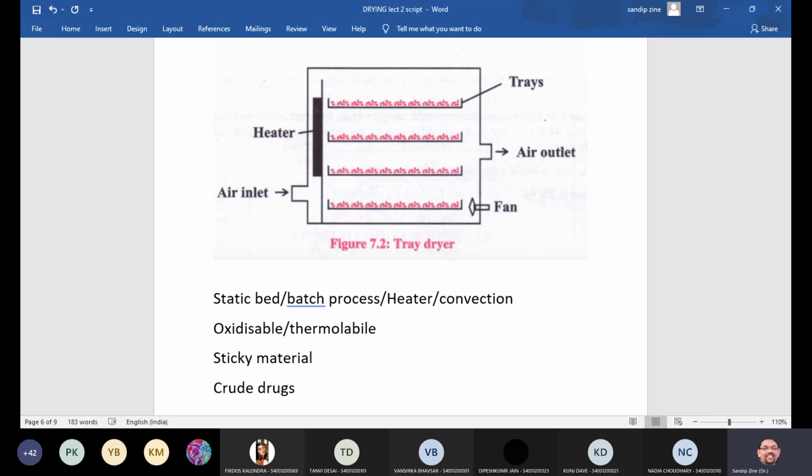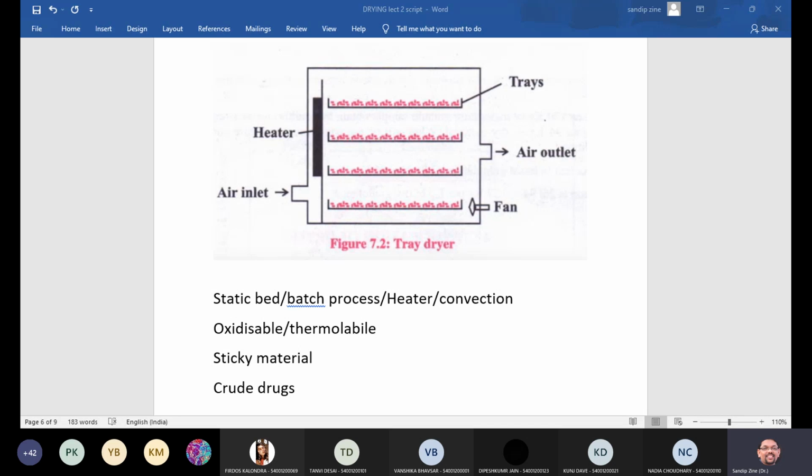And we can add one more application over here, that it is used for chemicals, powders and tablet granules, and these are also dried and show free flowing of the material by losing the water. And sometimes some types of equipment can also be dried in the tray dryer.